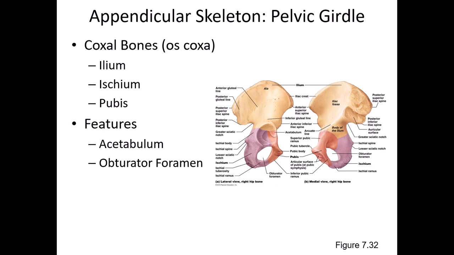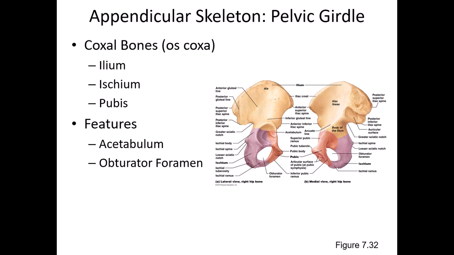So you learned various features of the ilium, like the iliac crest, like the iliac fossa, like the auricular surface. Features of the ischium include the ischial spine, the ischial tuberosity. On the pubis, you learned the pubic crest and the pubic symphysis, or the symphysial surface. Some features are formed from more than one part.